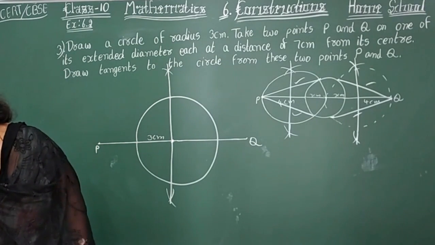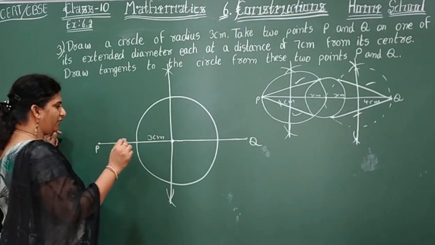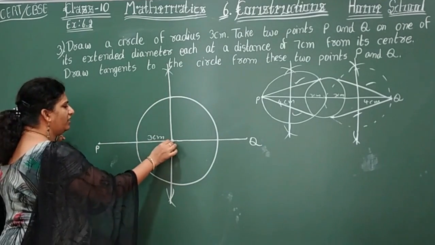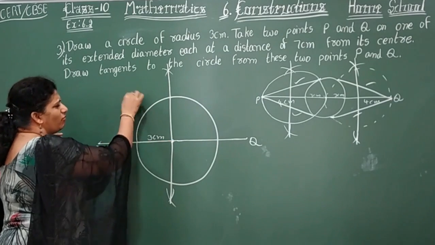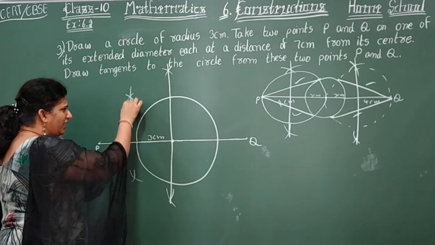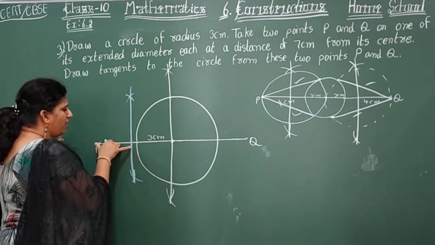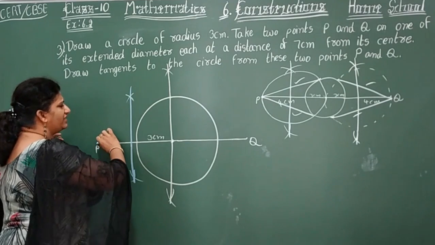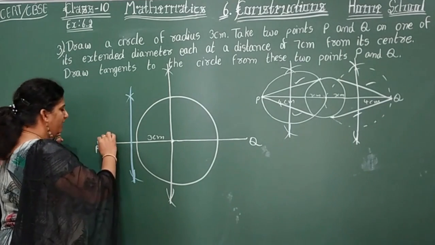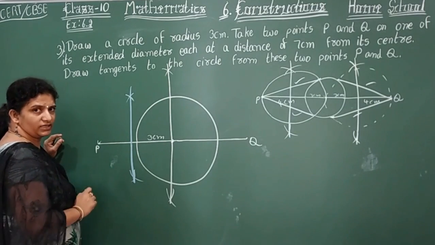So now I am going to do it with another color. Right? Now, from here and from here, more than half, draw the bisector. Then next, from here, measure and draw the circle.